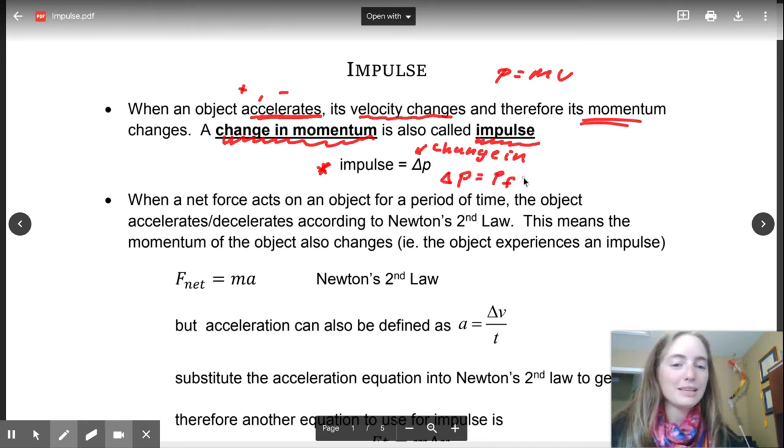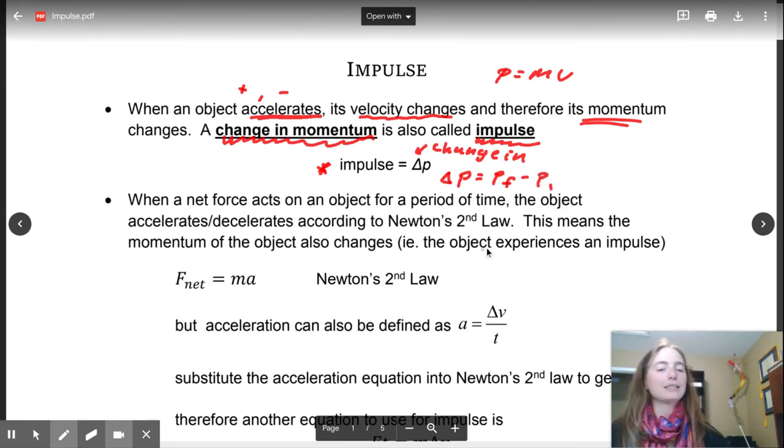So delta p is momentum final minus momentum initial. That isn't on your data sheet. By the time we get to Physics 30, I do make the assumption that you guys are comfortable with deltas, what delta means, and the ability to say delta p and just break it into pf minus pi. So that is an assumption that I make. Okay, guys? Okay.